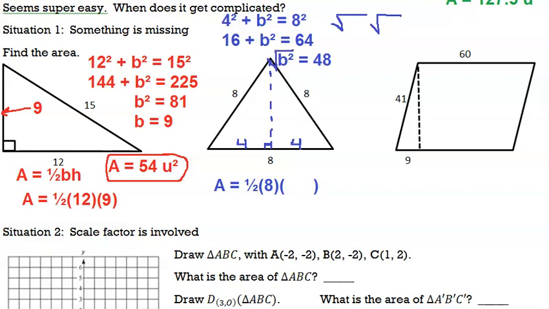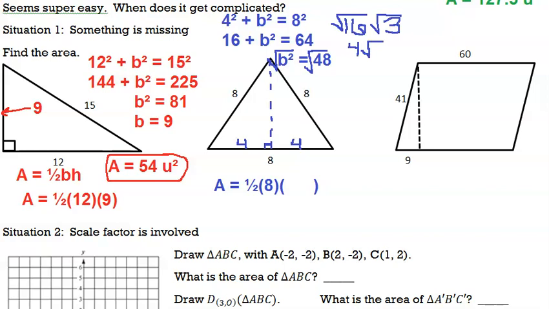So you try to do the square root of both sides to figure out what the square root of 48 is. It doesn't work because 48 is not a perfect square. However, I do know that 48 is 16 times 3, and I do know that the square root of 16 is 4.